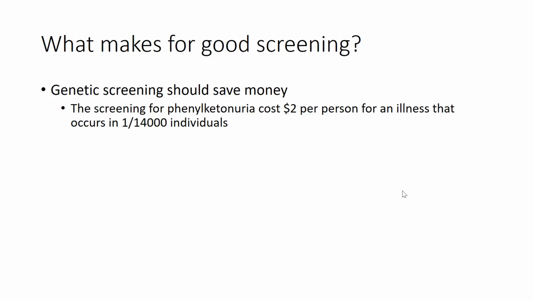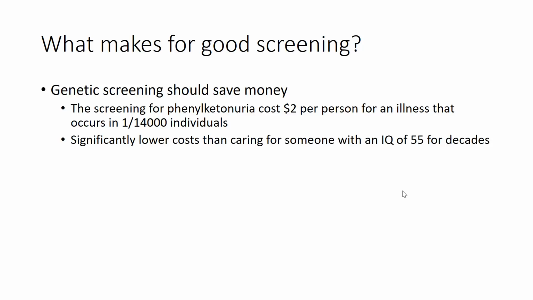And while that seems like a very significant cost, if you think about that there's a really high correlation between this illness and mental retardation, the cost, $28,000 to find that individual, is a significantly lower cost than caring for somebody with an IQ of 55 for decades. And this is an example of where we have been able to personalize the approach for a person that gets a positive test for phenylketonuria.